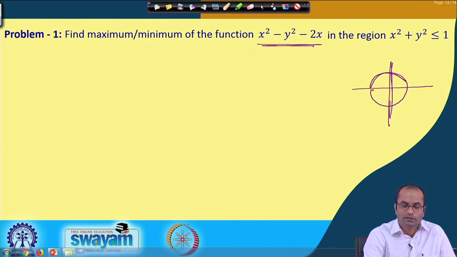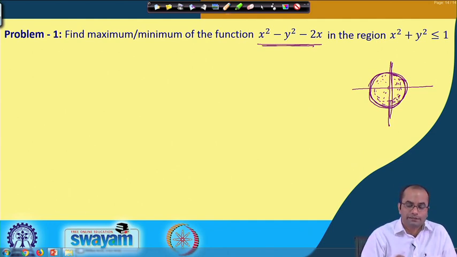So, we are talking about this disk including the boundary, including the circle here. So, x and y are restricted only within this domain. So, there is a restriction on x and y, and this is a constrained problem.